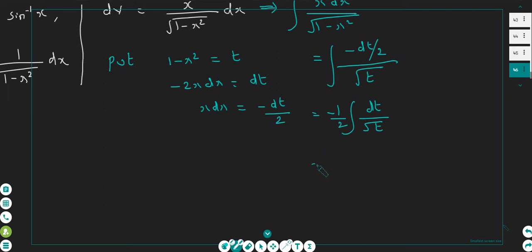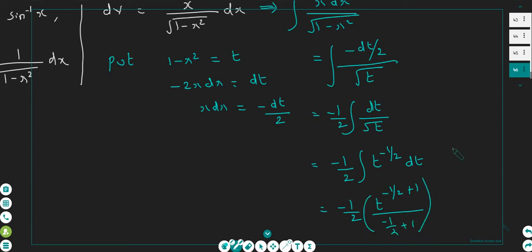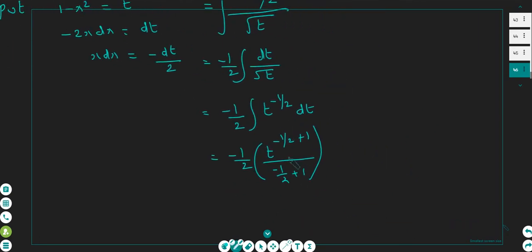This is t power negative 1 by 2 dt, which is equal to minus 1 by 2 times t power minus 1 by 2 plus 1 divided by minus 1 by 2 plus 1. Plus c is not required here because we are using it in integration by parts, so you can leave it.